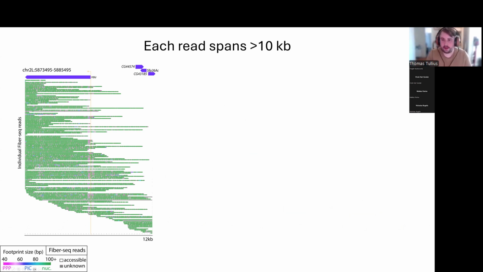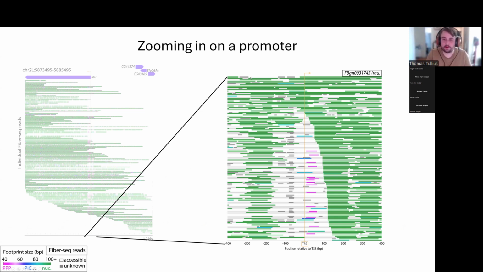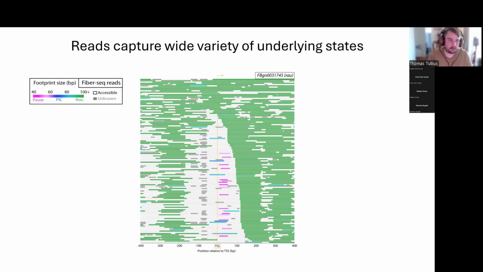But we can zoom in now on this actual promoter and see the really exquisite detail that you can observe. What we're capturing here are individual fiber-seq reads, which is each individual line. And I've marked on these fiber-seq reads the position of footprints of the chromatin-bound proteome, which I've also colored based off of their predicted identity.